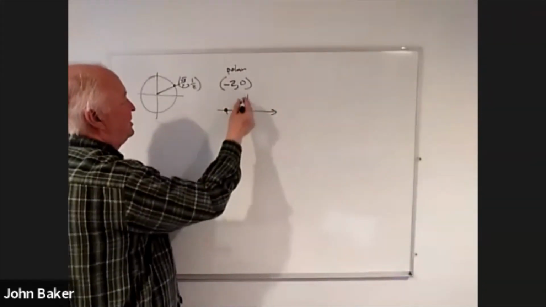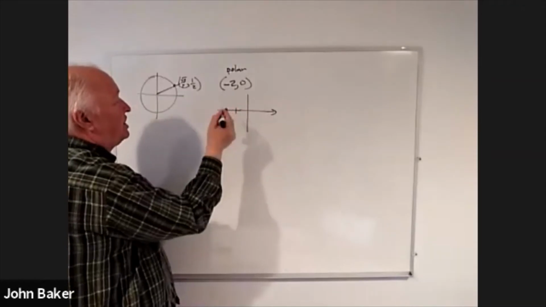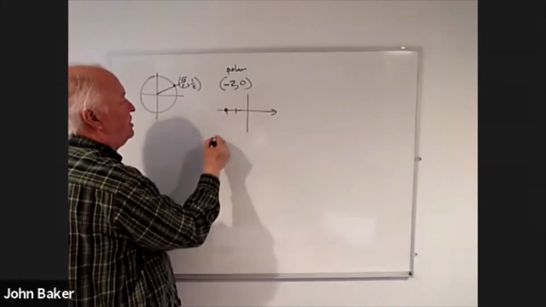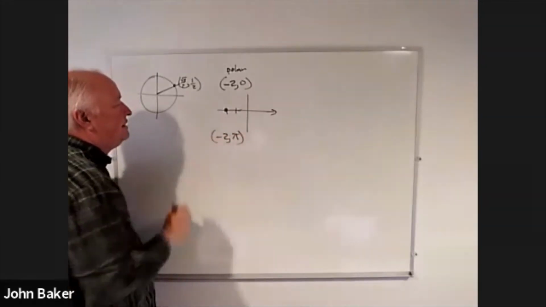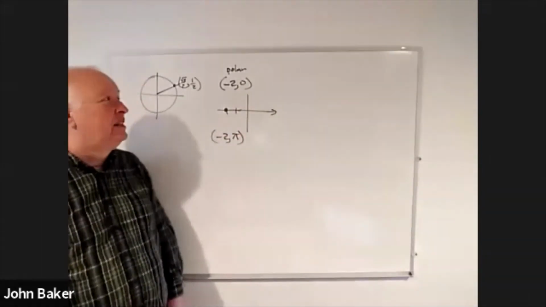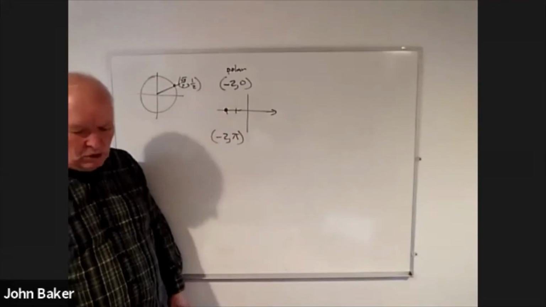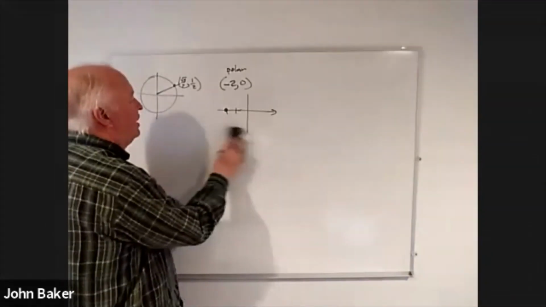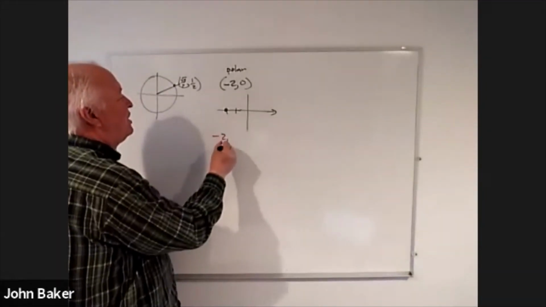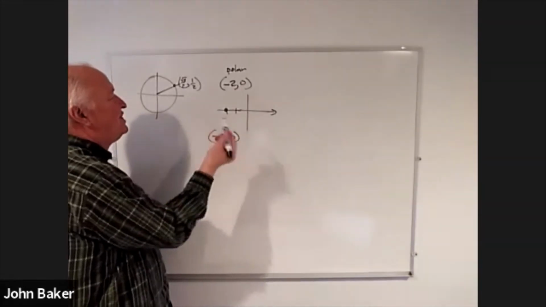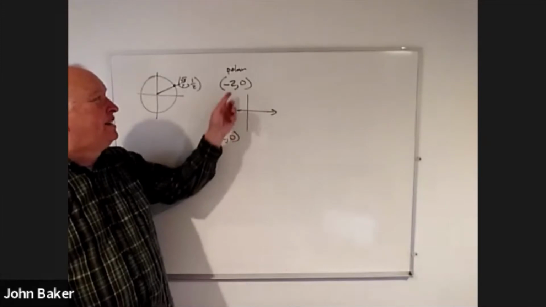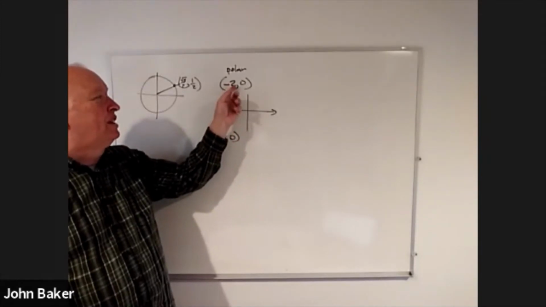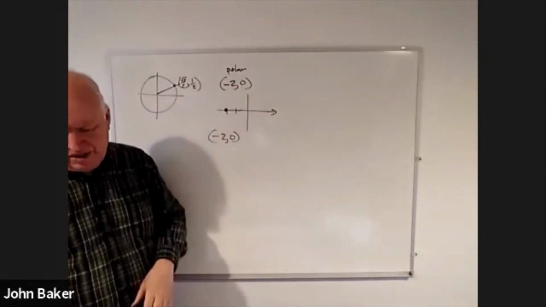Well, it's on the axis, so I know what the x and y coordinates are going to be. Oh, sorry. We wanted the rectangular coordinates. -2 comma 0, same as the polar coordinates, except this is x and y, and this is magnitude and direction.